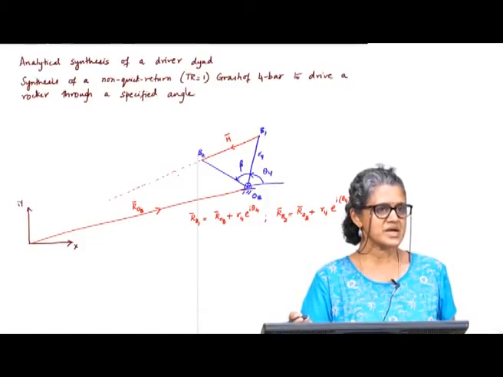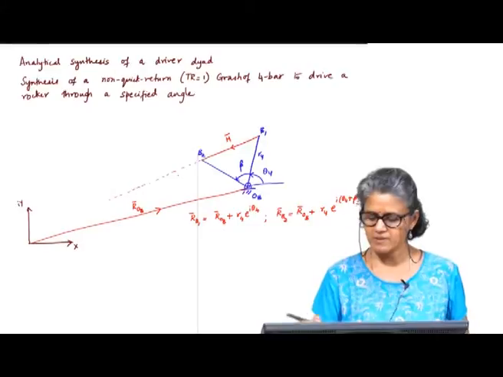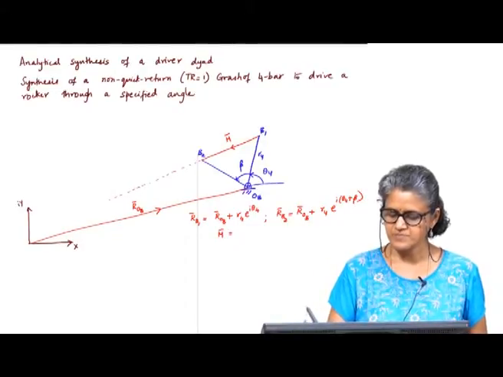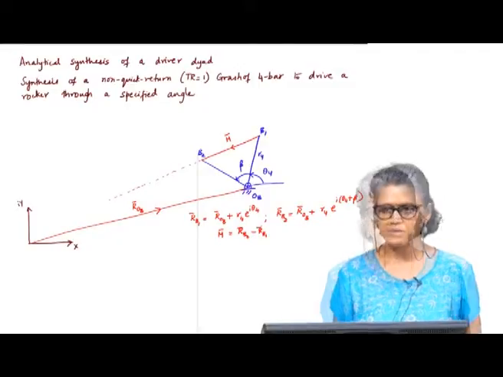So, RB2 minus RB1 is M. M is RB2 minus RB1, just vector addition.